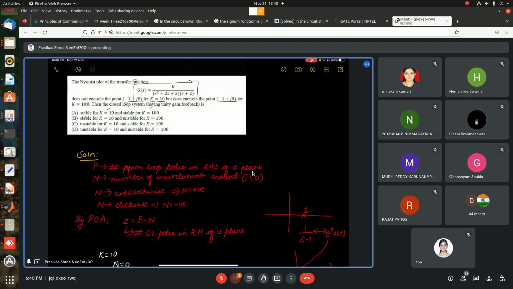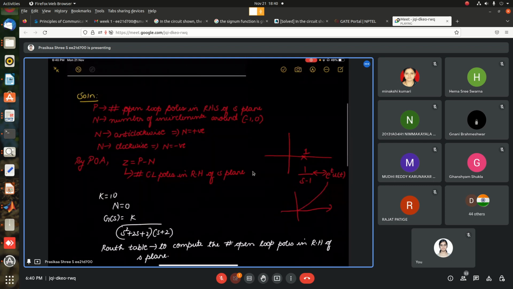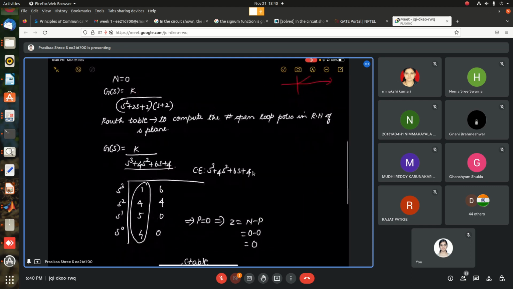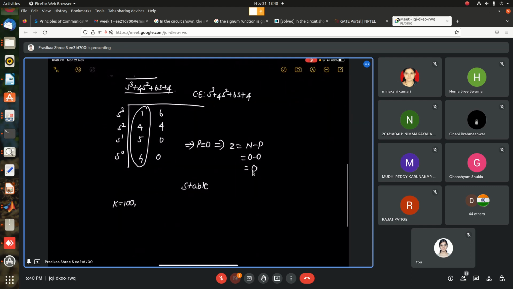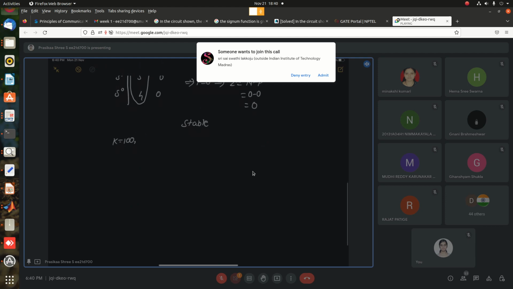That's what they said, right? Okay. It is encircling for K equal to 100. Let me draw the plot something like this.